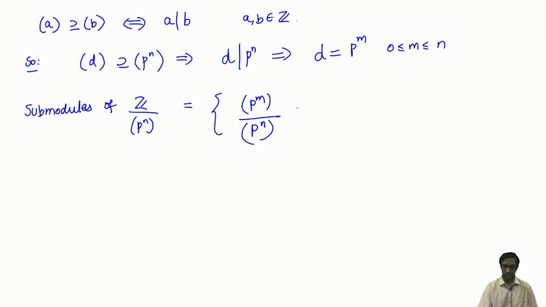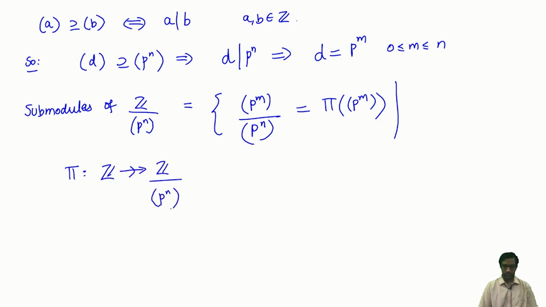Another notation for this is what we used earlier, pi of p to the m Z, where pi is the projection map from Z to Z modulo p to the n, so all cosets of all elements coming from Z, and m is now a number between 0 and n. So the submodules look exactly like this.